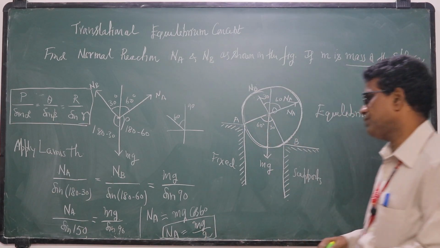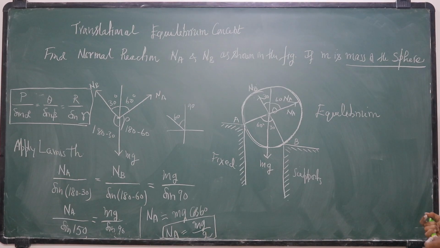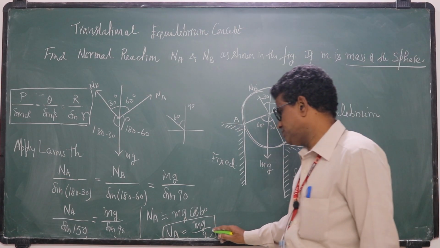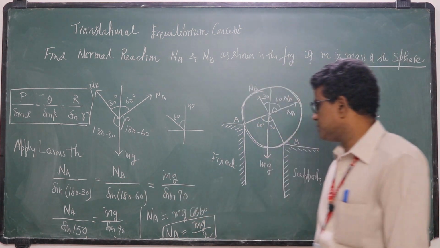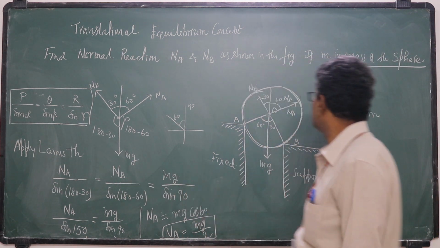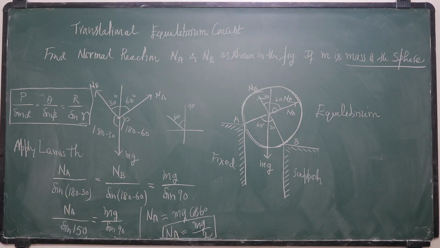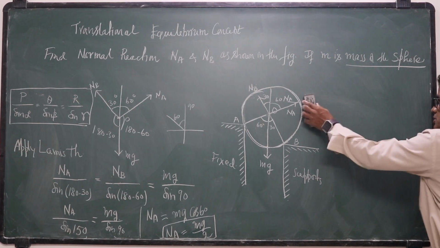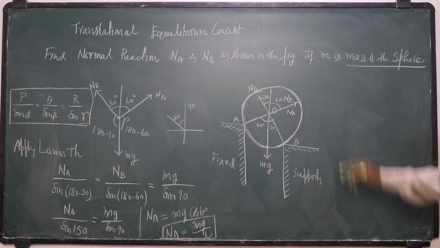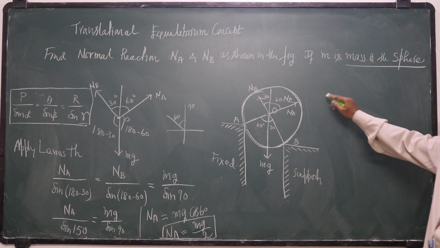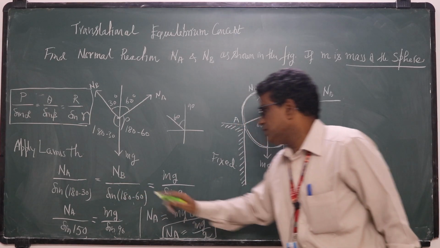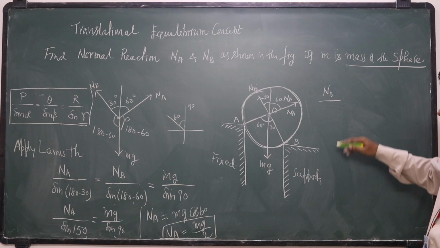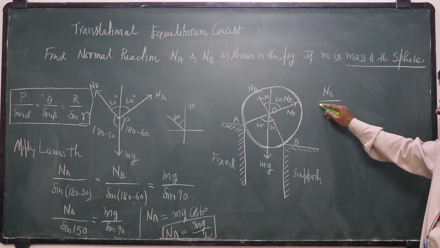Next, I want NB. So equating these two, I will write here: NB by sine 180 minus 60, how much?